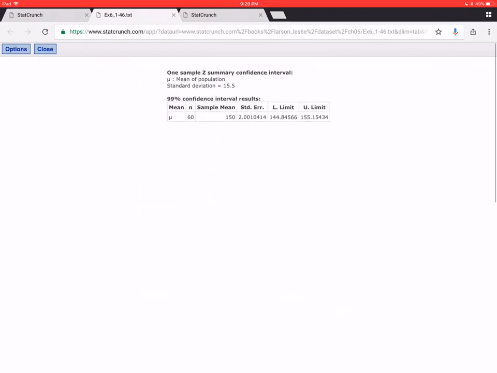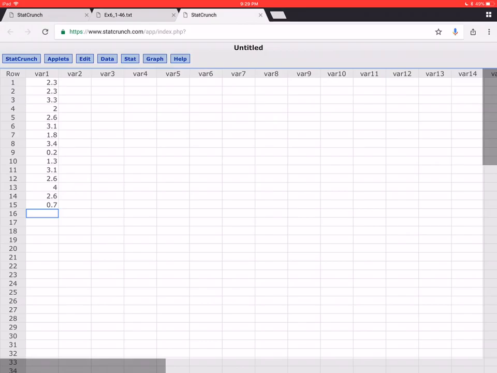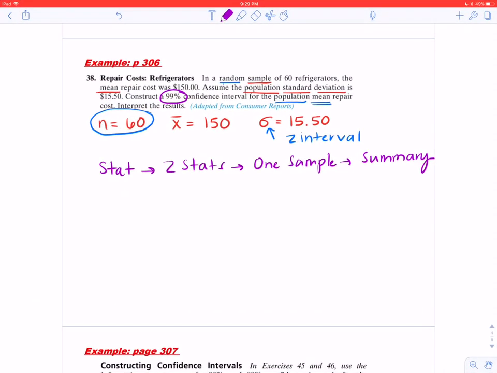All right, and when I do that, what I'm going to see on the far right-hand side will be a lower limit and an upper limit. This is your interval that estimates the population mean. So I'm going to round these to 2 decimal places. My lower limit will be 144.85. So I'm going to input that here. And I'm going to write this as an interval, so I'm going to put it in parentheses.